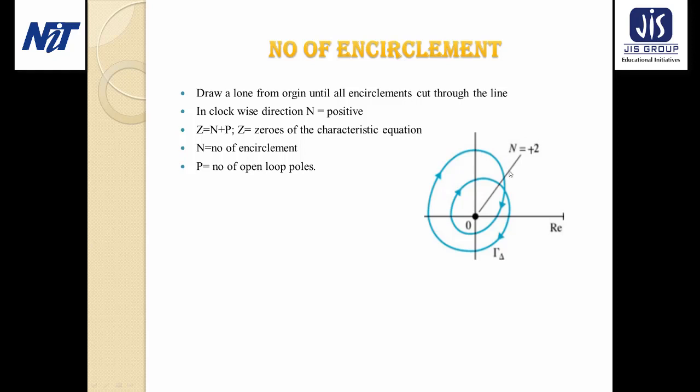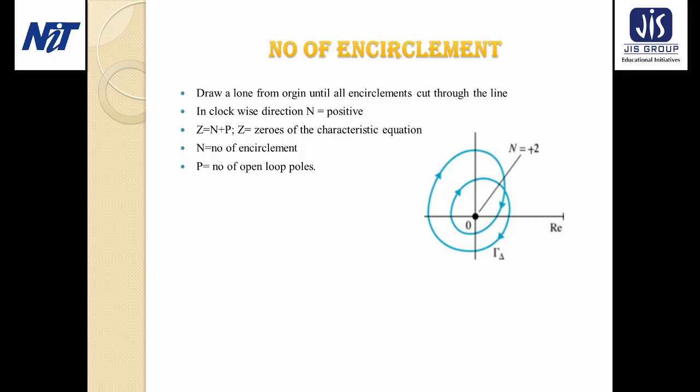So when the clockwise direction N is considered as positive, then Z is actually the number of zeros of the characteristic equation, and Z is the summation of N and P, where N represents the number of encirclements, which is considered positive in the clockwise direction, and in the anti-clockwise direction N is negative, and P is the number of open loop poles of the system.